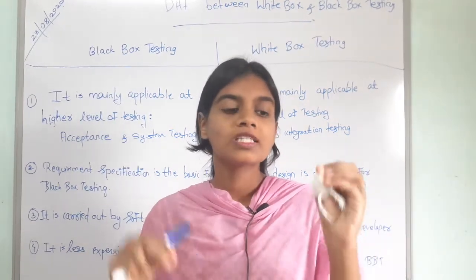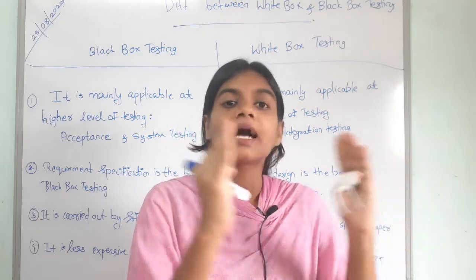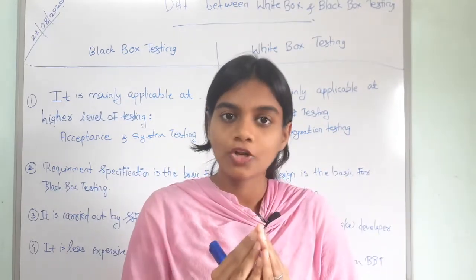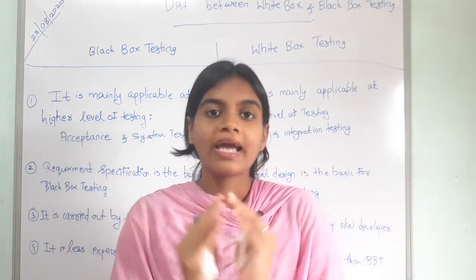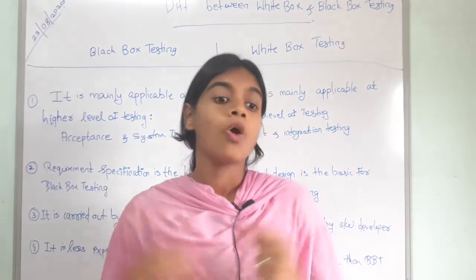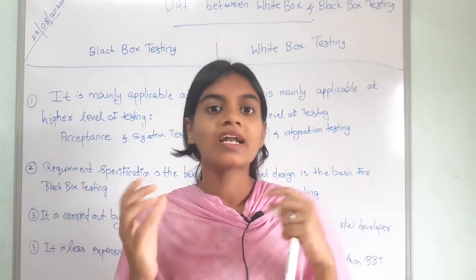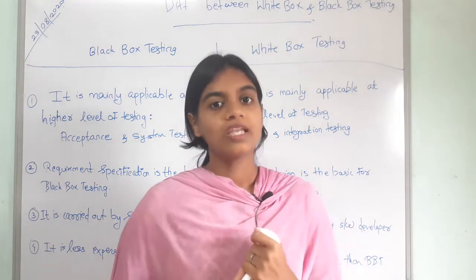The small units are combined and integrated into a single group, and then they check whether the communication between the modules is tested in the proper way. That is what integration testing is.